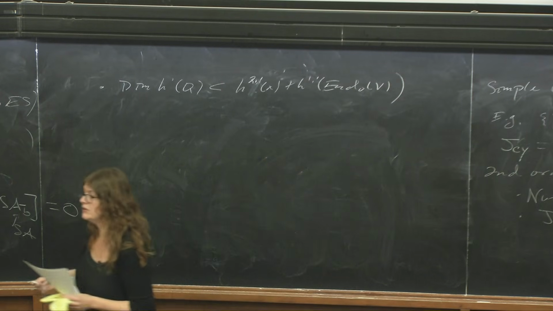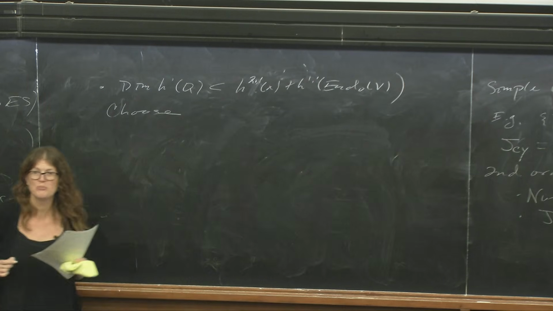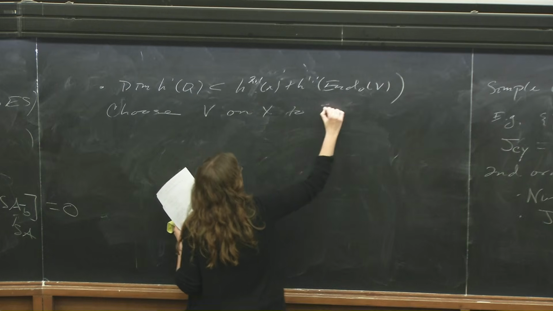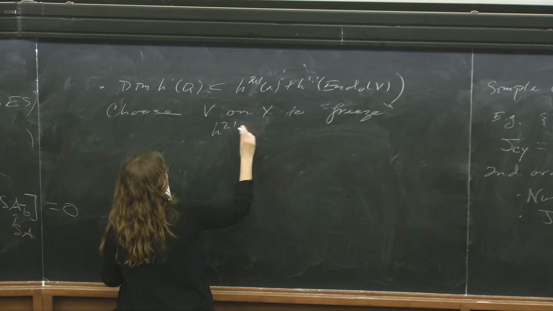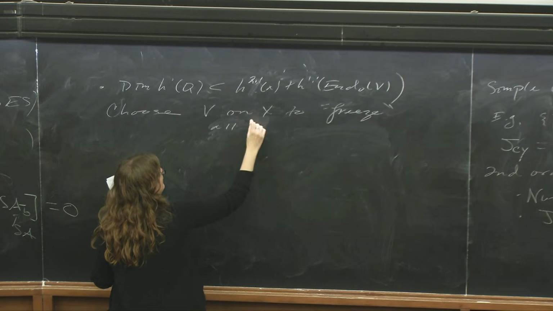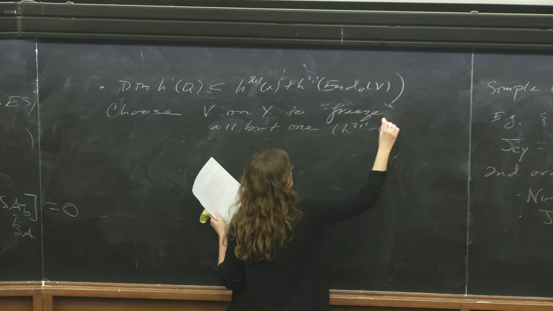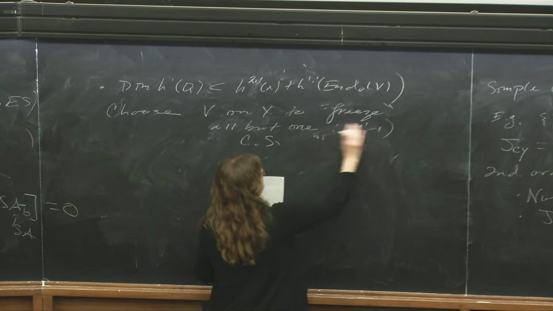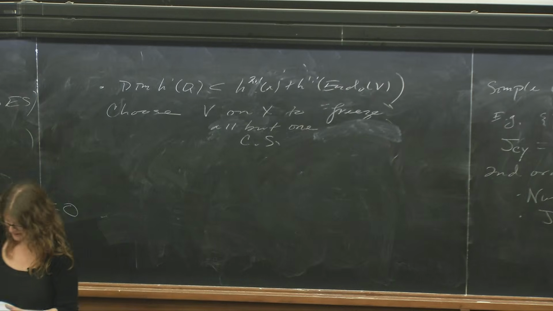And in many cases, you can choose, for example, the best that I personally have seen, although I don't have a theorem that this is the best you can do, you could choose V on X to effectively freeze or constrain all but one of the H21 complex structure moduli, so as to leave a single complex structure modulus unconstrained.